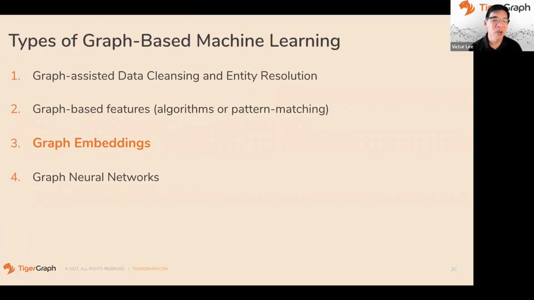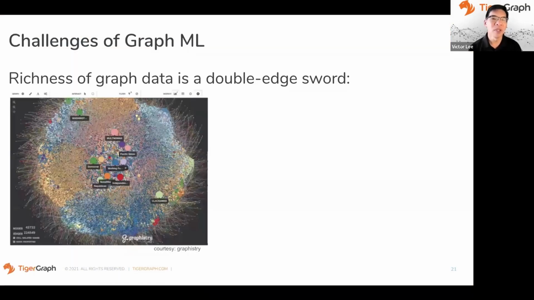So that's the second way. Again, graph can help us with data cleansing. Graph can help us with the very important phase of feature engineering. And now we're starting to get into machine learning traditionally thought of and into the model building. So one of the challenges with graph machine learning is that the data is so rich.